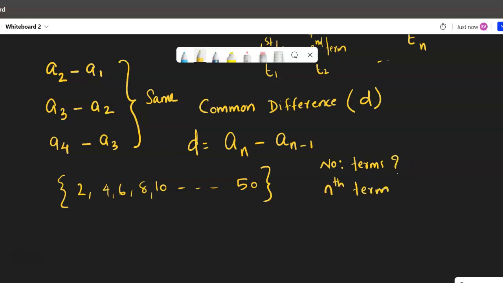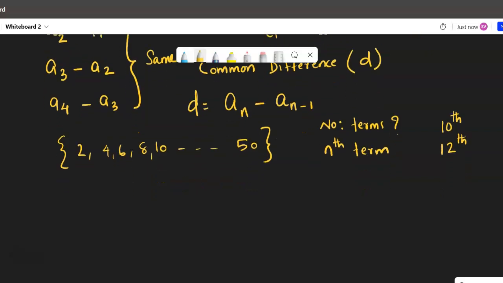The first term is 2, the second term is 4, the third term is 6. I can ask what is the 10th term, or what is the 12th term?